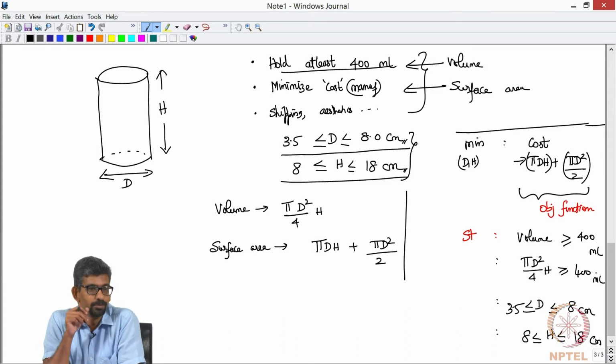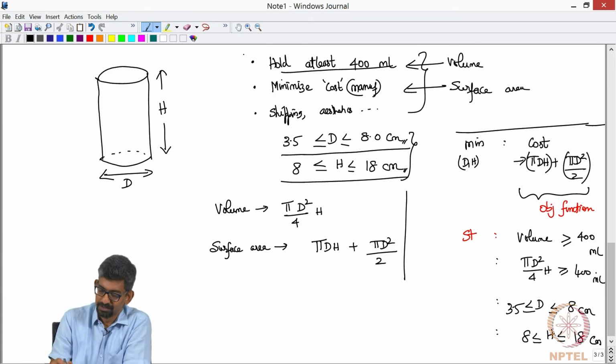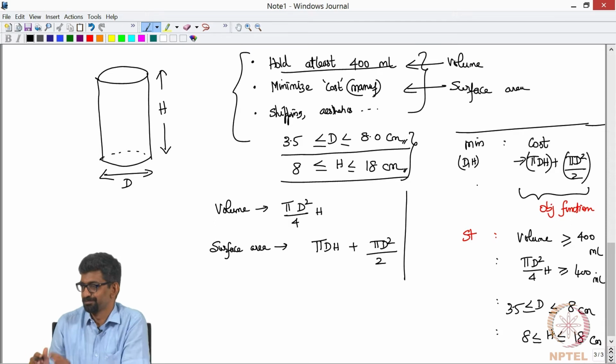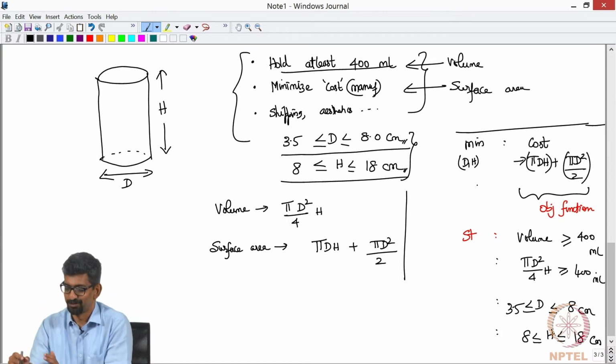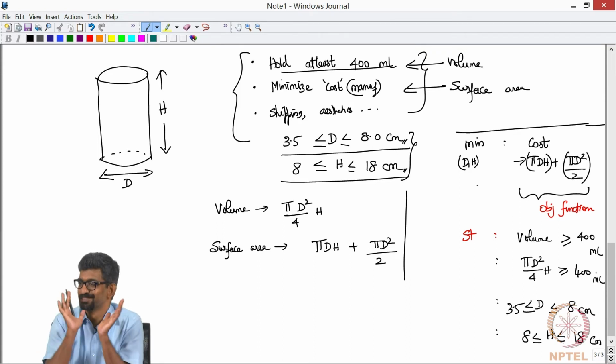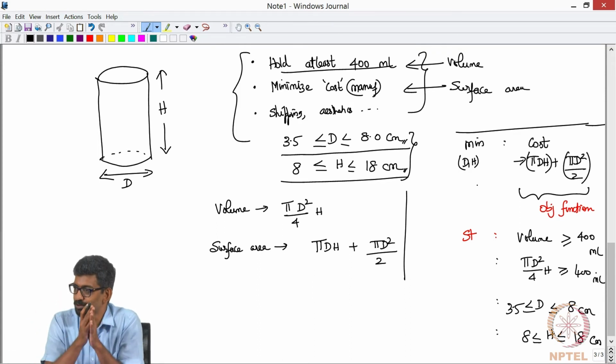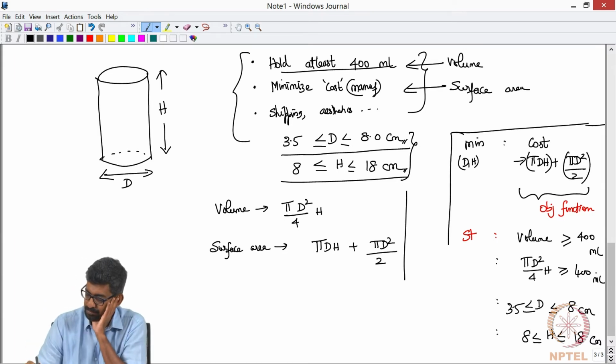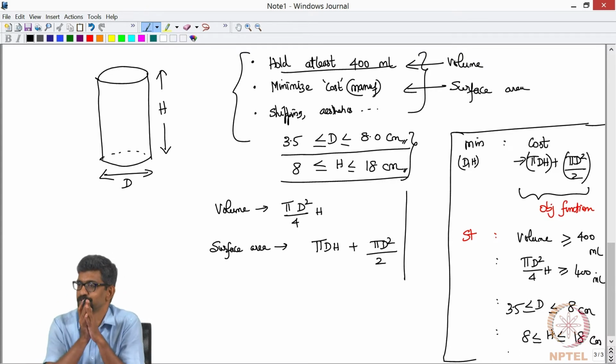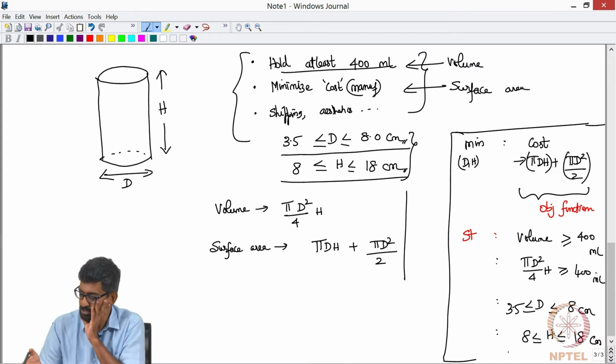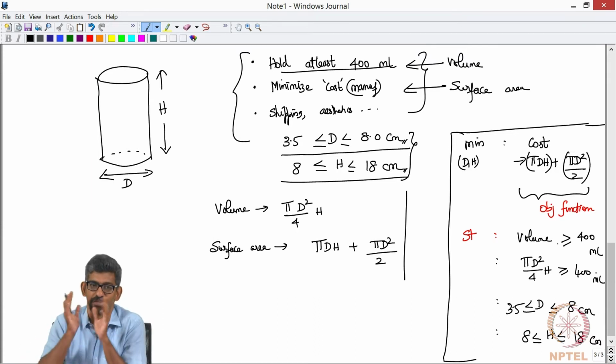Now, how will you go about solving this formulation? We came from the verbal statement to what I call the mathematical one. There are more numbers in this formulation compared to this statement. This is the global way of writing an optimization problem. You write this problem statement, any engineer who practices optimization will understand. They might not understand your cost or volume, but for sure they will understand the equations that you have written.